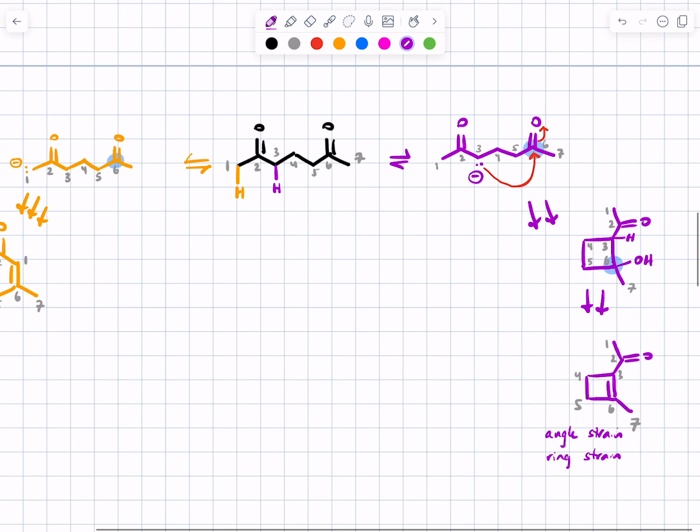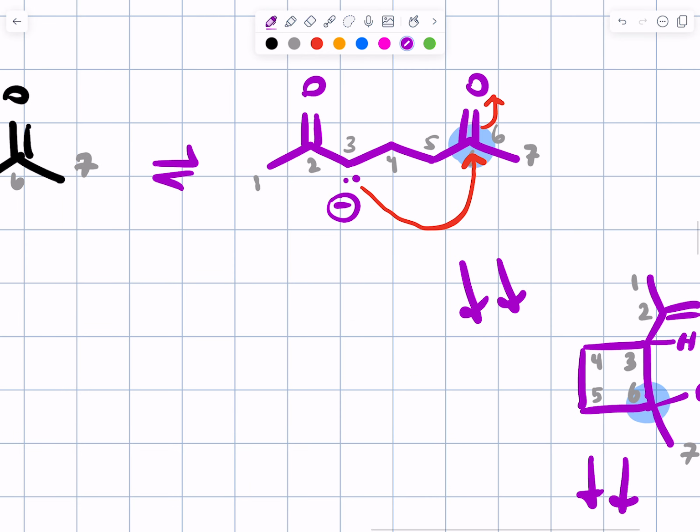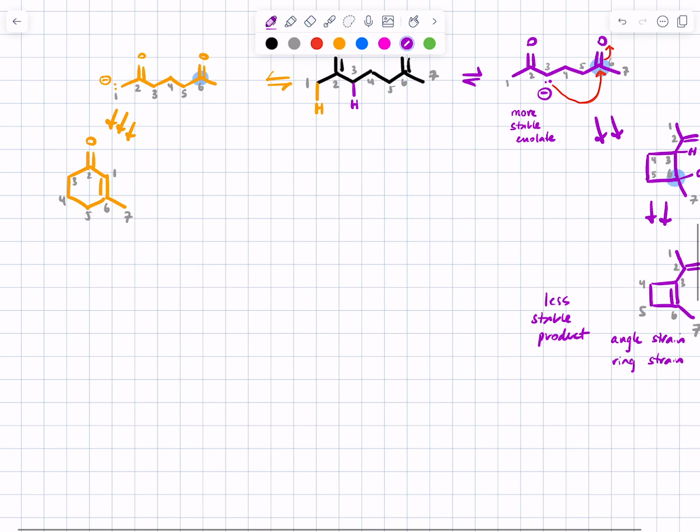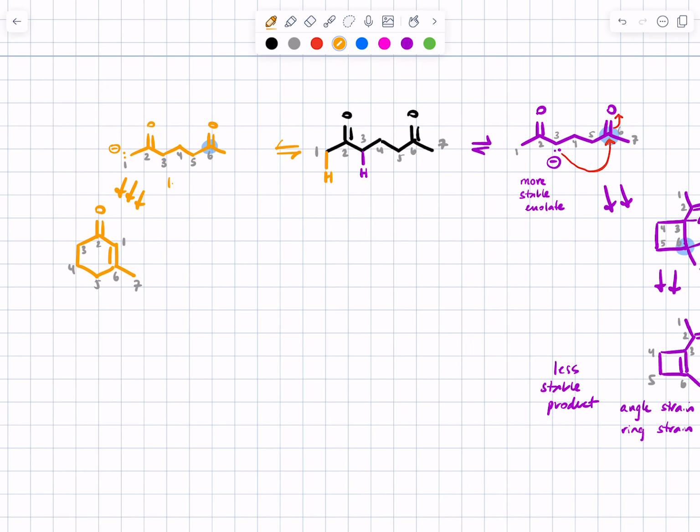So even though the purple is the more stable enolate, the product it leads to happens to be the less stable product. And even though the orange enolate is the less stable enolate, it leads to the more stable product.